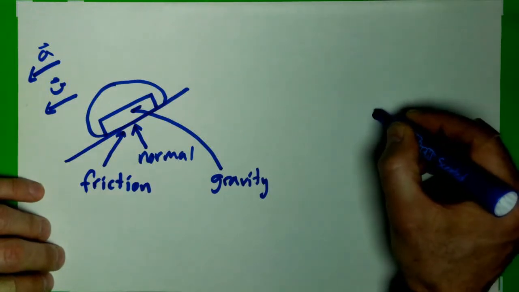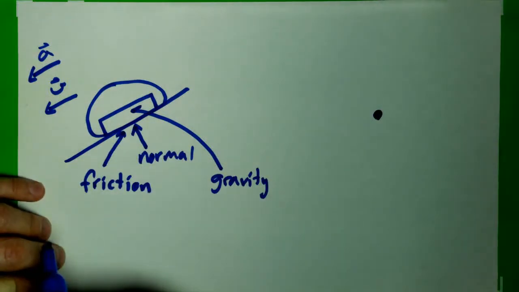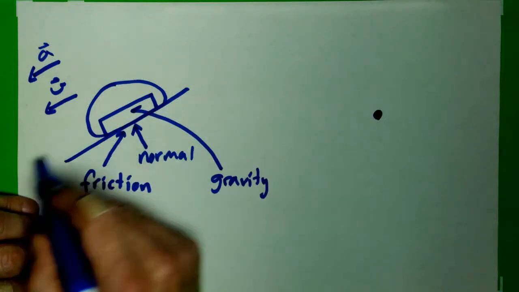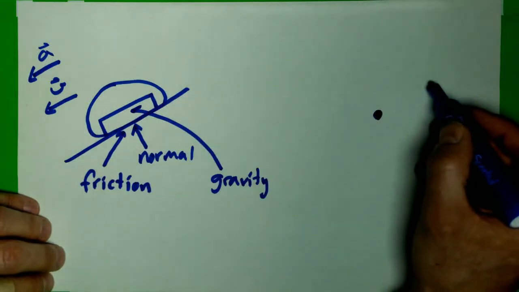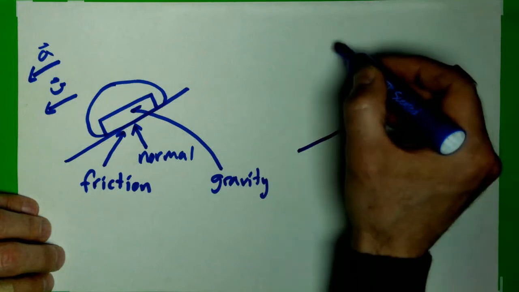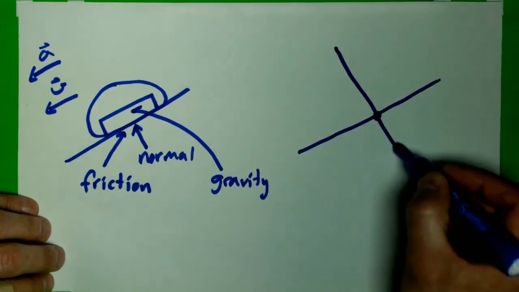I've got a dot representing my object of interest, the object I've identified, and I'm going to draw a coordinate system that's most convenient for this problem. Now the motion is down the incline, so it makes sense that I should have an axis down the incline and then one perpendicular to it.